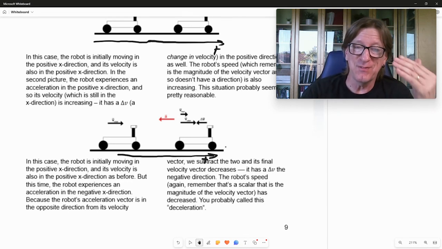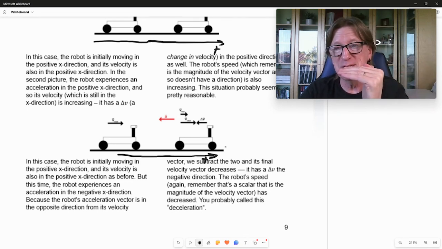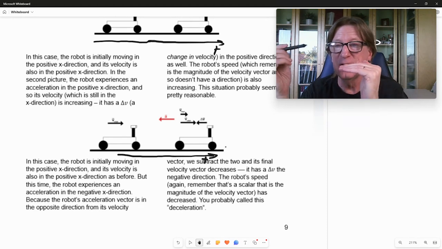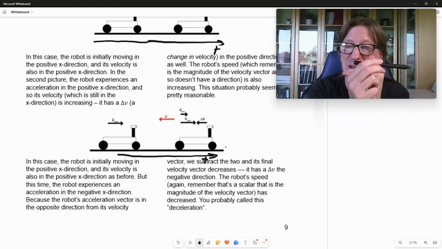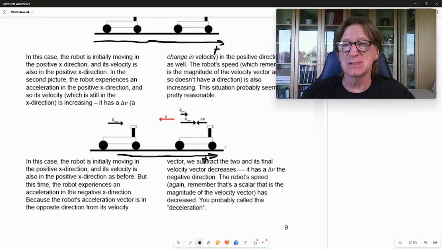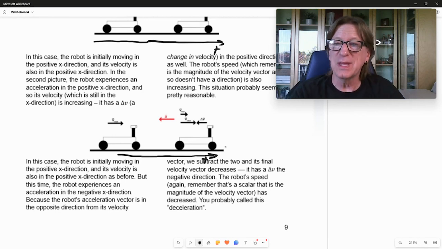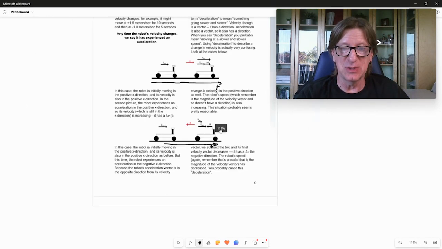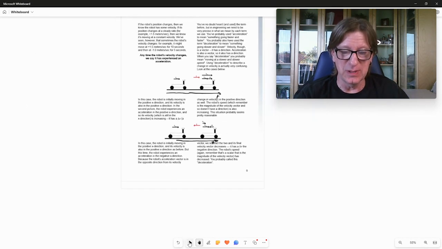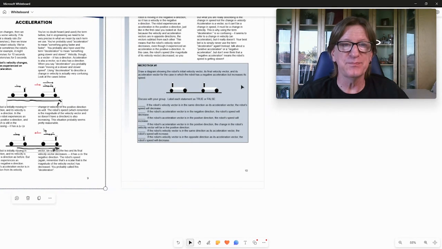If I've got a robot moving in the positive direction, so it's got a positive velocity, and I've got an acceleration in the negative direction, the speed decreases. Now you probably called that a deceleration. And that may be okay until we get to the next situation. So let's move this over to the other side here and get it out of the way.